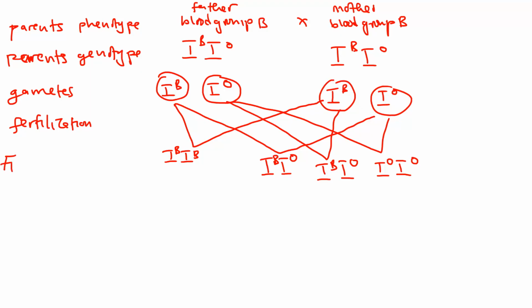Therefore, we have the F1 offspring genotype, then the F1 offspring phenotype.